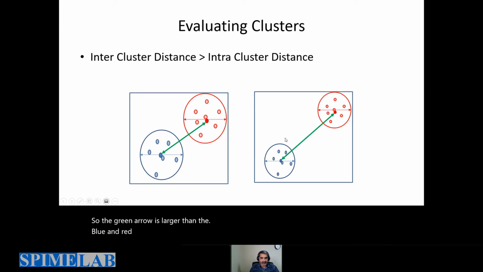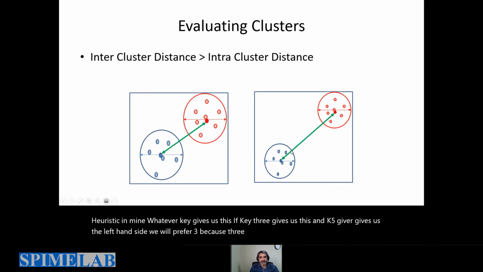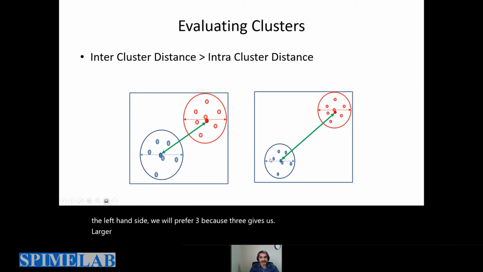So in comparison, right-hand side is preferable than the left-hand side. As long as we keep this heuristic in mind, whatever k gives us this, if k3 gives us this and k5 gives us the left-hand side, we will prefer 3 because 3 gives us larger intercluster and smaller intra-cluster distance.